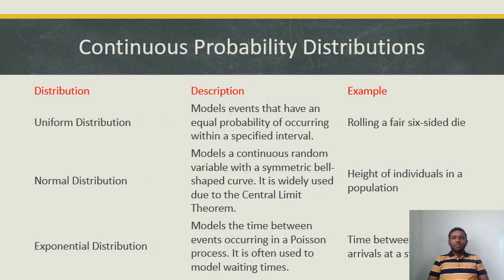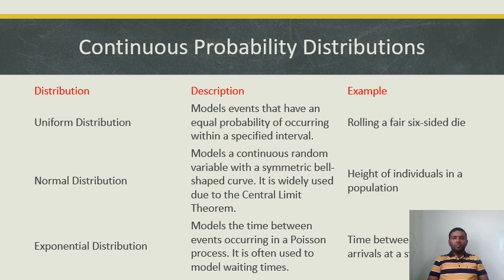Next, continuous probability distributions. Uniform distribution, normal distribution, and exponential distribution are three types of distributions. Uniform distribution models events that have an equal probability of occurring within a specified interval. For example, rolling a fair six-sided die.